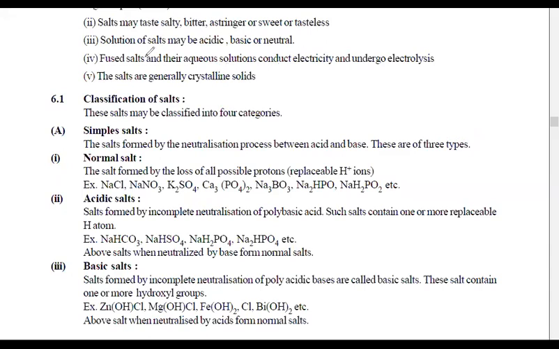Now, for acidic salt and basic salt, take the example of NaHCO3. So Na+ and HCO3-. Na+ will be formed by NaOH, which is a strong base, and HCO3- is formed by H2CO3, which is a weak acid. Now, if they are taken in comparable concentration, what do you think?